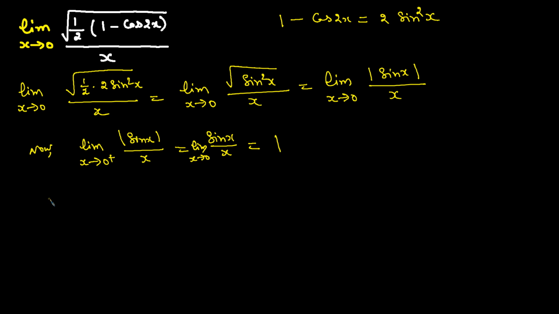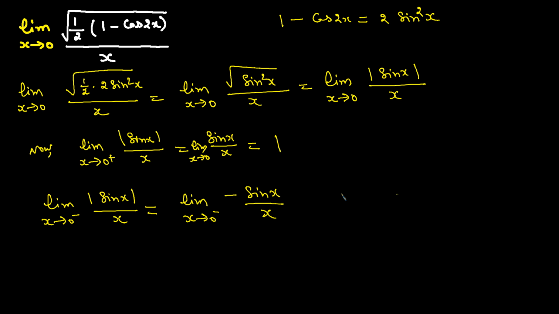Now if we look into this from the left hand side, as x approaches 0 from the negative side, sine x over x, what should it be? It is going to be limit x approaches 0 from the negative side of minus sine x over x. I'm going to tell you why.